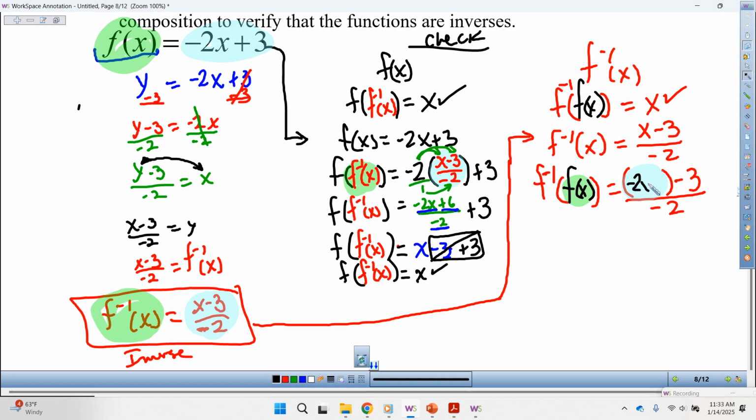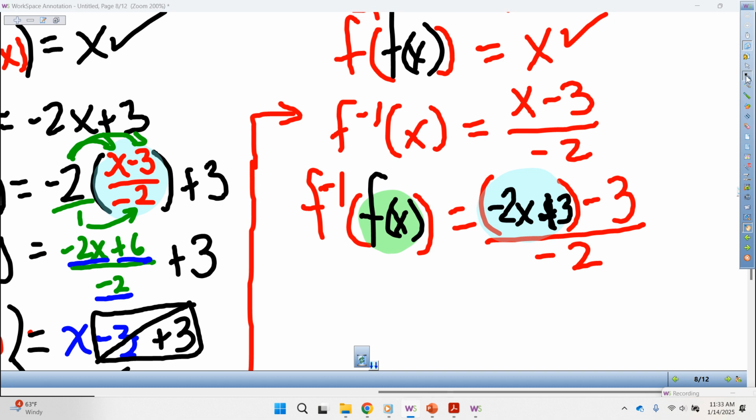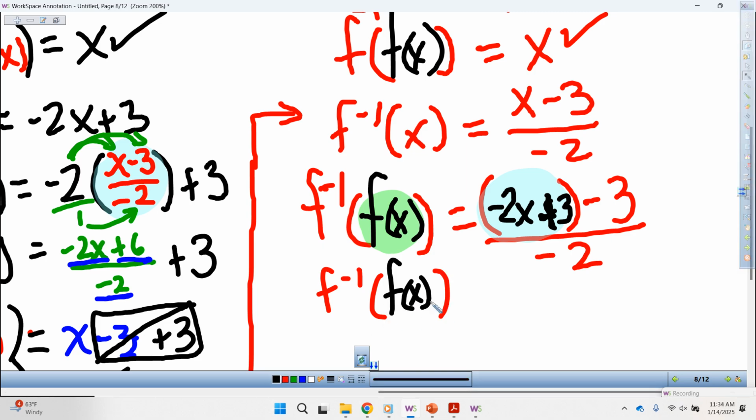Negative 2x plus 3. All right, let me zoom in. So the left side stays the same, f inverse of f of x equals, so now I'm going to work on the right side.